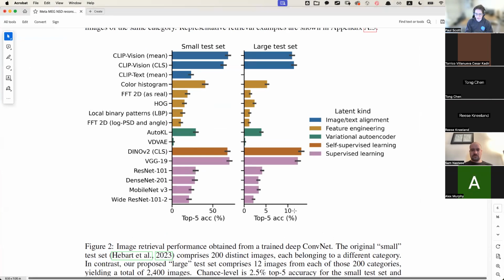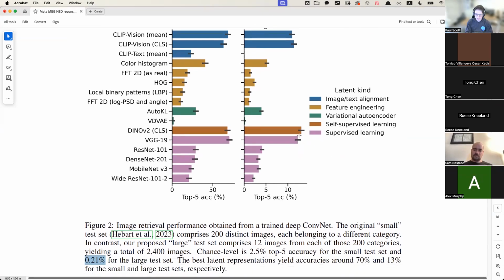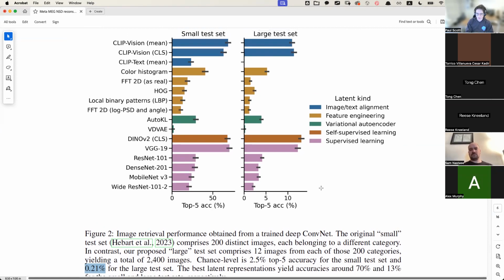Whereas here, top 5 accuracy is around 12%, where in their case chance performance is 0.2%. So it's a similar chance level performance, and you can have this interpretable difference in going from 90% to 10%. That's at least how I was trying to interpret the differences.